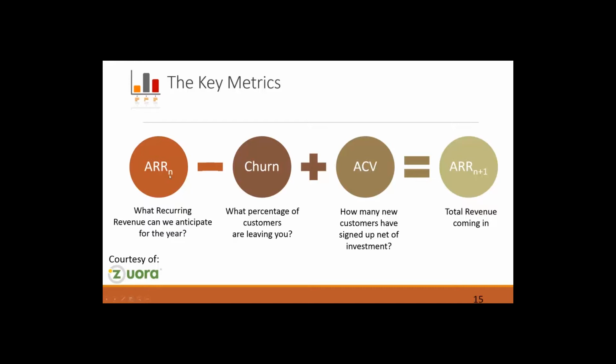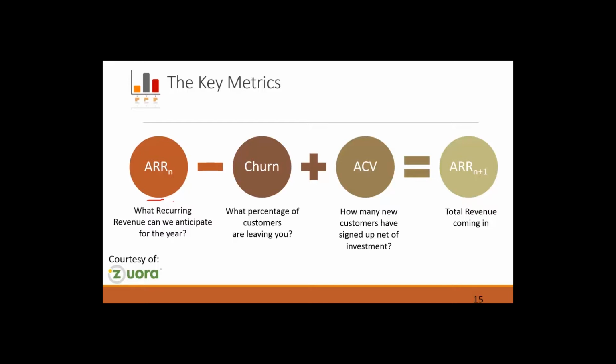So basically, we've got our recurring revenue. This is the monthly fan out of the subscription. So my $199 subscription divided into 12 months times however many customers I have is my recurring revenue.